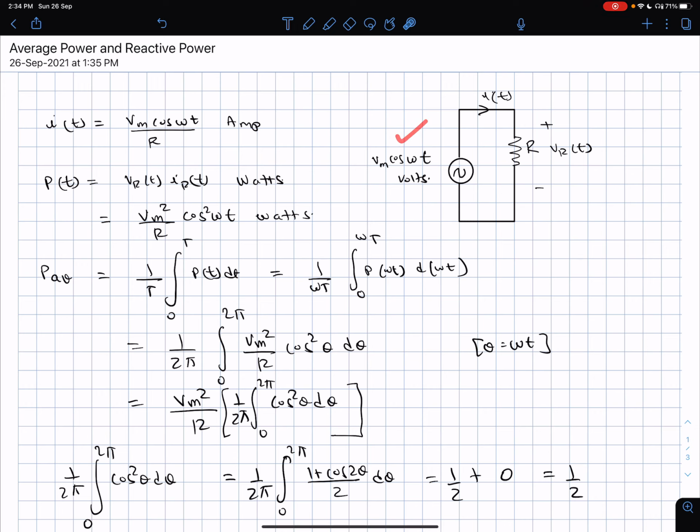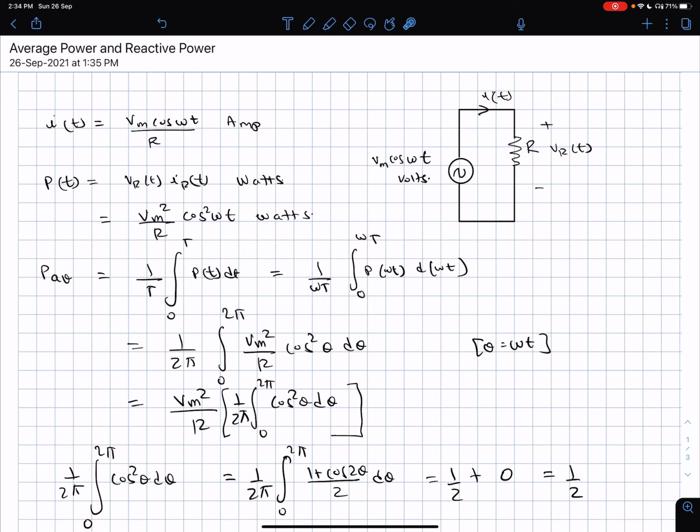I have a voltage source written as Vm cos omega t, which is supplying a resistor R. So the current is going to be Vm cos omega t by R amperes, and the polarities are marked here for VR of t. This is the current i of t, and everything is going to be sinusoidal at one frequency omega.